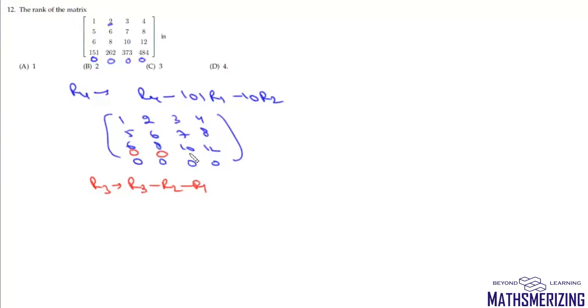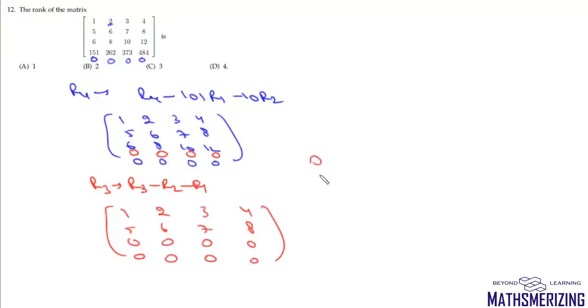So here again, they'll all be 0. So we'll get this matrix as 1, 2, 3, 4, 5, 6, 7, 8, and then 0, 0, 0, 0, 0, 0, 0 and 0. Now it is not possible to reduce it further. So the rank of this matrix will be simply 2, and that's your option number B.